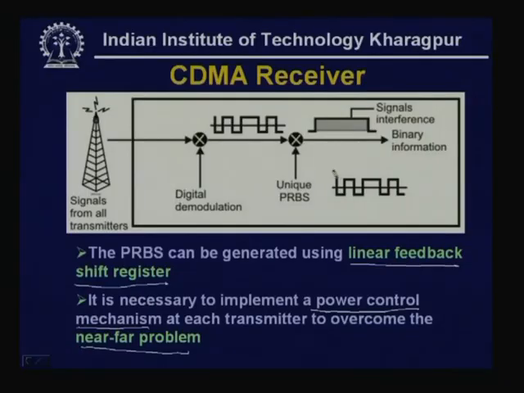So, that will be considered as 0, and if the signal strengths are not equal, then the noise and interference will increase. In other words, the summation and subsequent detection is based on the assumption that they are of equal amplitude. That is why some kind of power control mechanism is used at each transmitter to overcome the near far problem, as it is used in cellular telephone networks. We shall discuss it later on.